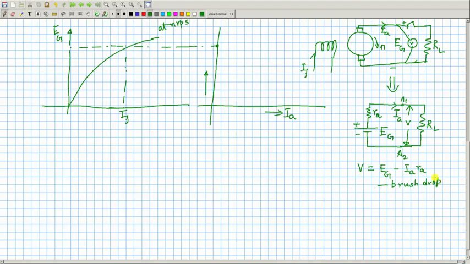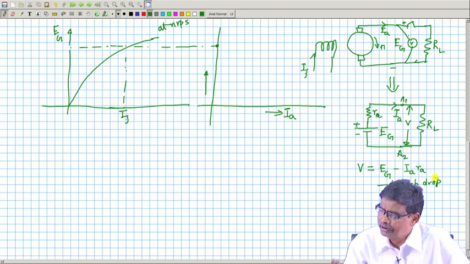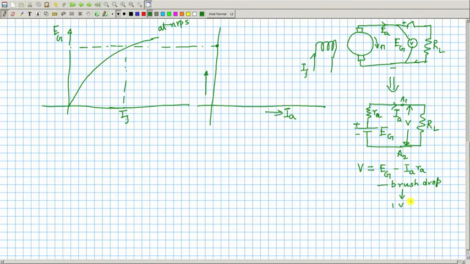Sometimes it is neglected. Generally what people assume is 1 volt drop per brush. The reason is that no matter what armature current you draw, people assume the brush drop is some 1 volt per brush. Therefore, maybe with 2 brushes, minus 2 volt extra, apart from the armature resistance which is inside the armature because of the armature winding.